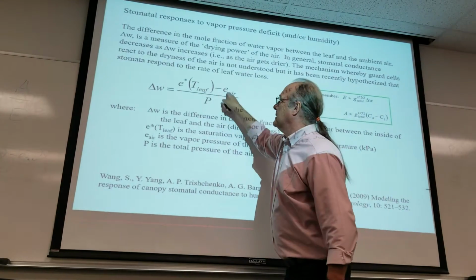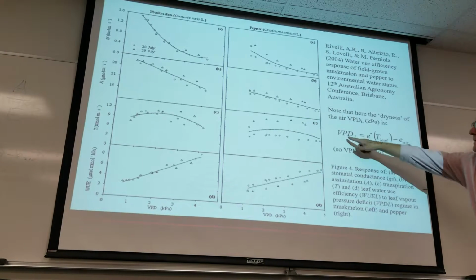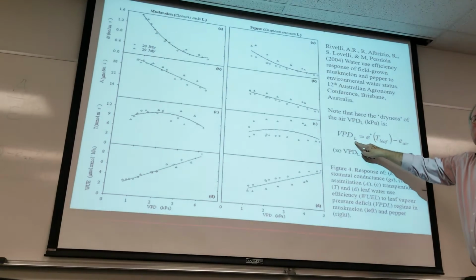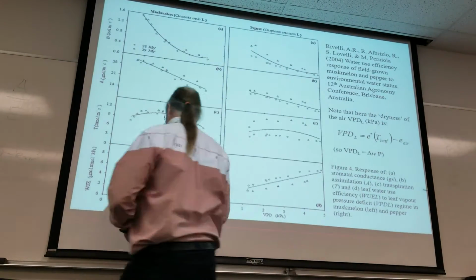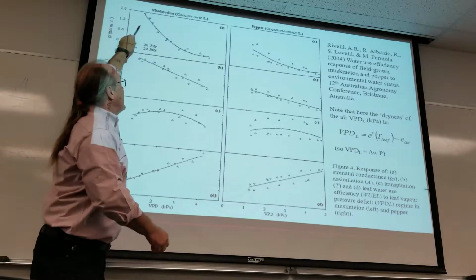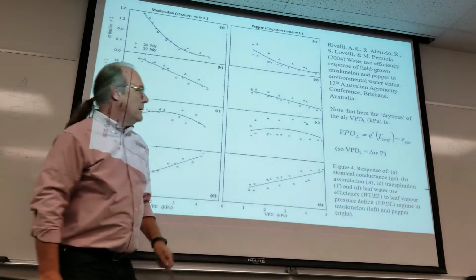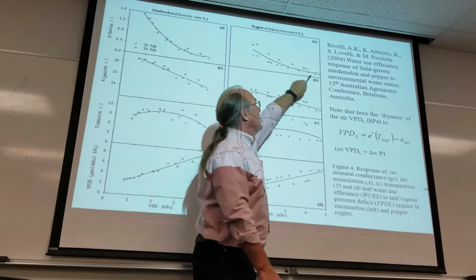They just looked at this difference in vapor pressures, and they called that VPD sub L. So here's the VPD sub L increasing. Here's the stomatal conductance decreasing. And same for this pepper plant. As the air gets drier, the stomata close.